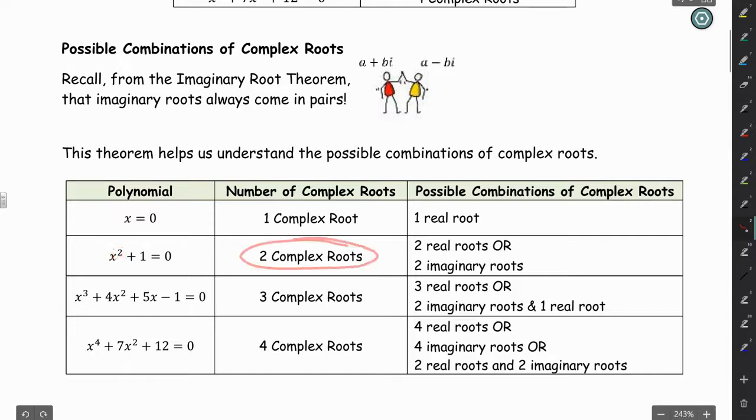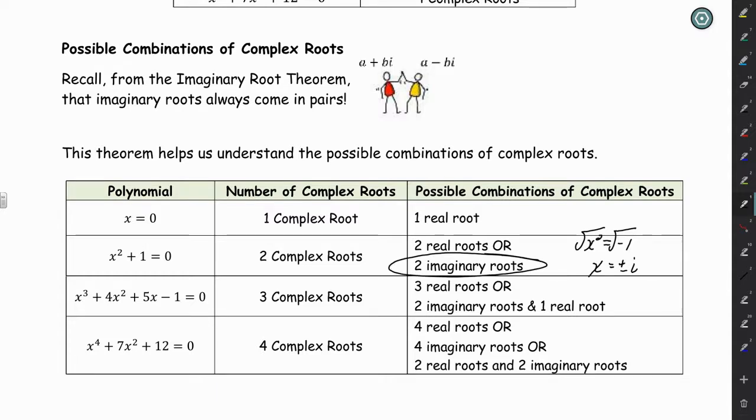Now, if we're talking about something like a quadratic, so we have a degree 2, we know we have 2 roots. So we could either have 2 imaginary roots or we could have 2 real roots. Now, for this example, we have x squared plus 1. If I worked that out to solve it, I'd get x squared equals negative 1. I take the square root of both sides, and I'd get x equals plus or minus i. So for this example, we have 2 imaginary roots, but keep in mind we could have 2 real roots.